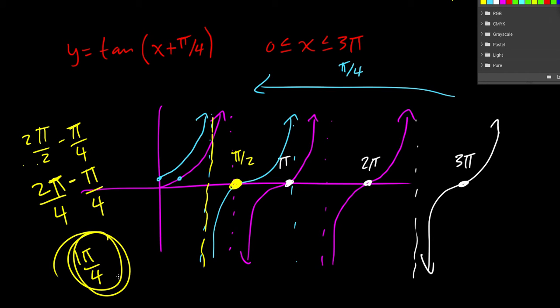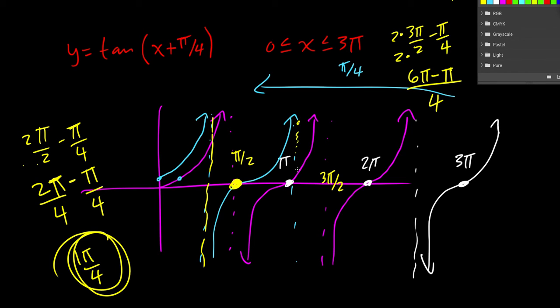Now, the other asymptote is normally at 3 pi halves, and we'll go through the same process: 3 pi halves minus pi fourths. Multiply this by 2, multiply this by 2. So that's 6 pi minus pi all over 4, which is 5 pi fourths.